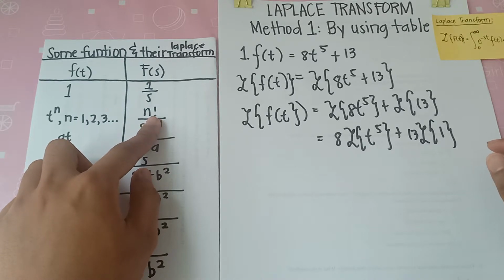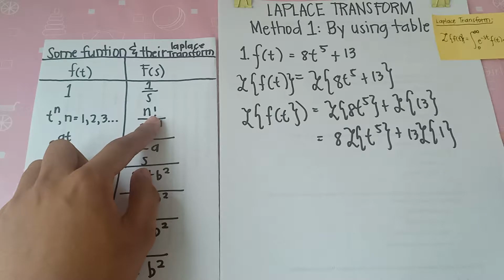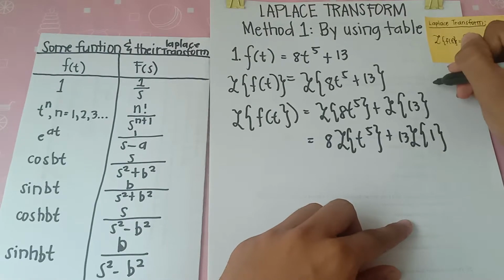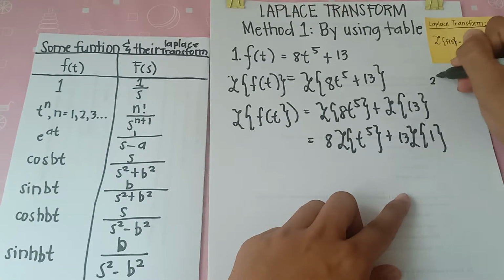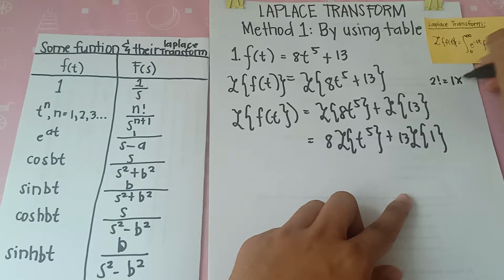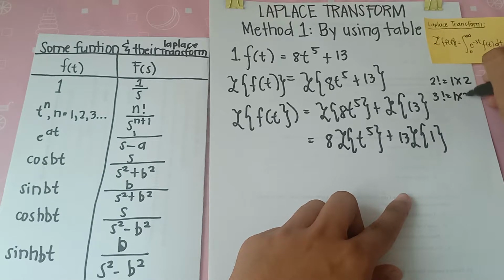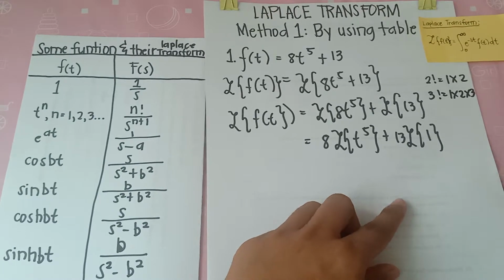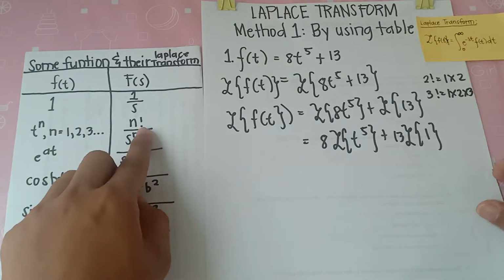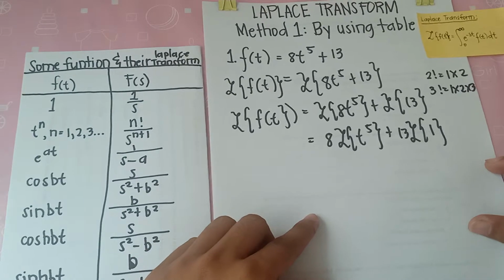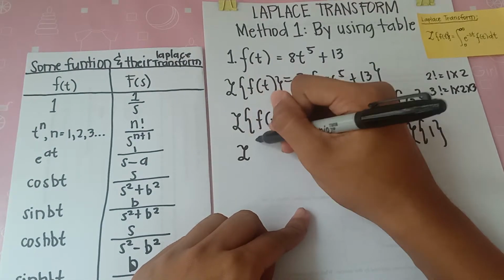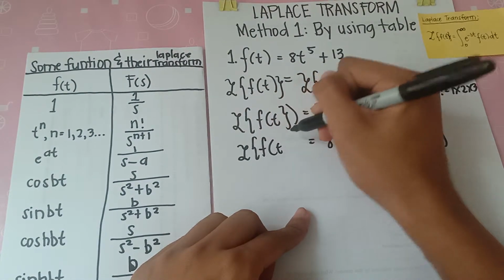For example, 2 factorial is equivalent to 1 times 2, and 3 factorial is equivalent to 1 times 2 times 3. So that is the use of this symbol, the factorial.